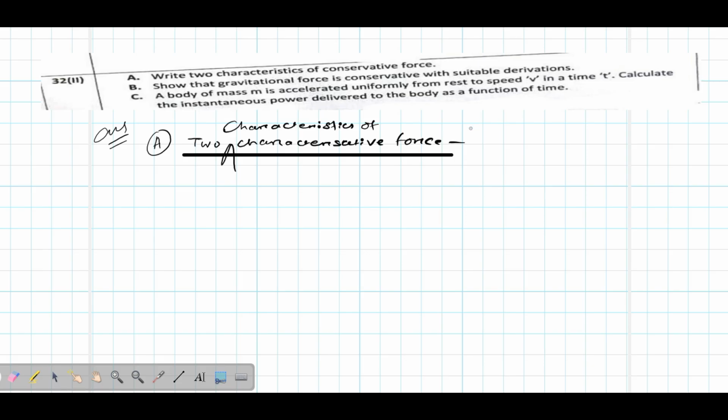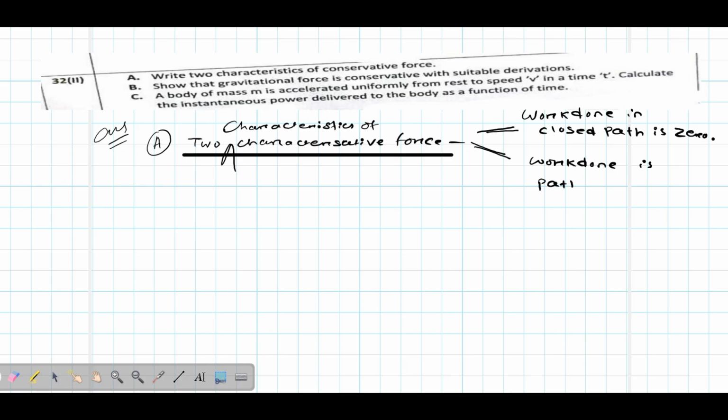Work done in a closed path is 0, and work done is path independent. So that is a conservative force.